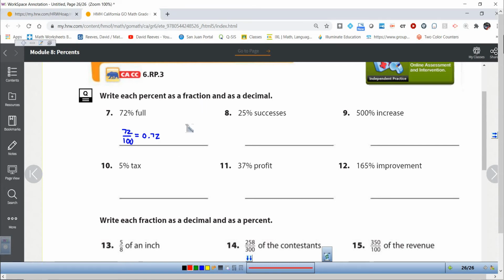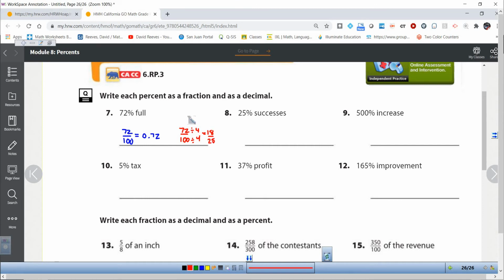Just a reminder, if it did say to write it as a simplified fraction, we would have to divide both of those by a number that went into both of them. We could divide both by 4, and we would get 18 over 25.